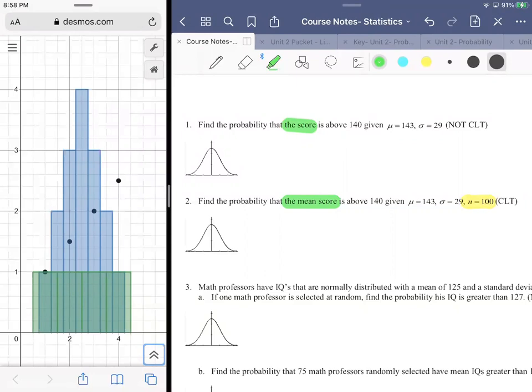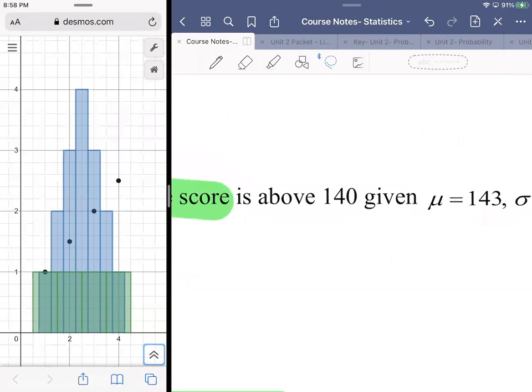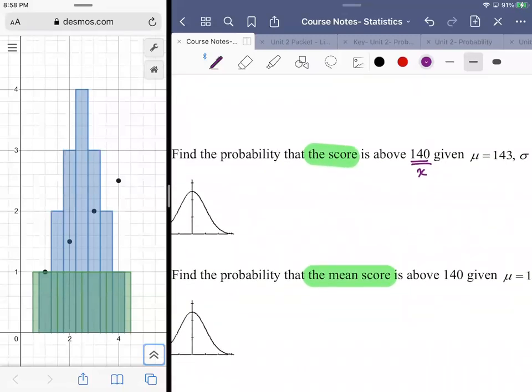So what do we do? Well, we do what we've always done. We get down to business. So we got the 143 and the 29. We want to know the probability that the score is above 140. All right, so this is an X value. So I'm going to need a Z. Again, X minus mu over sigma.